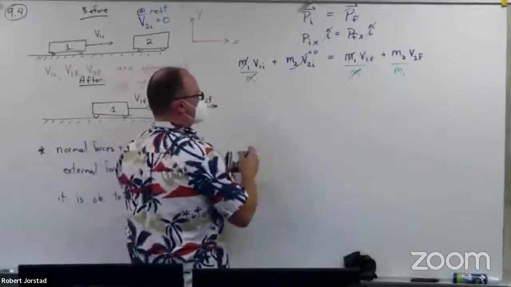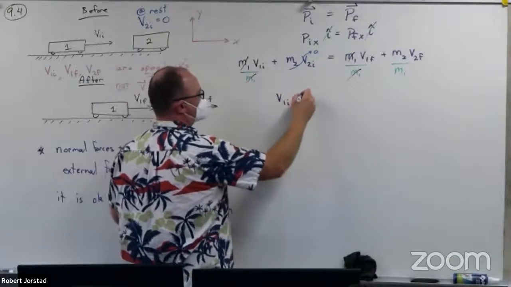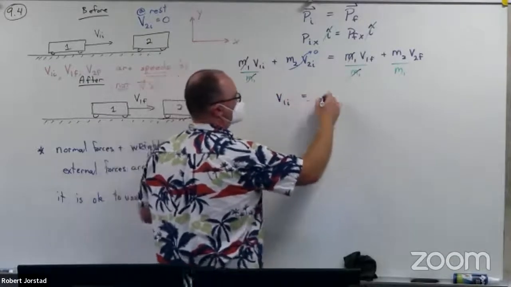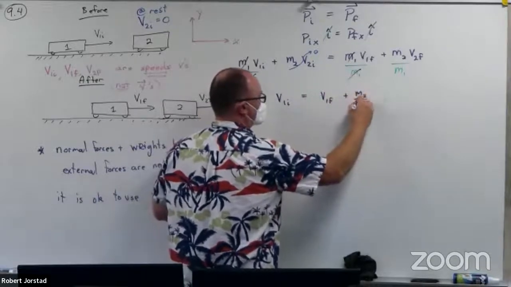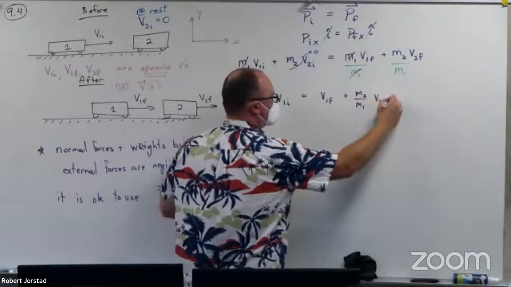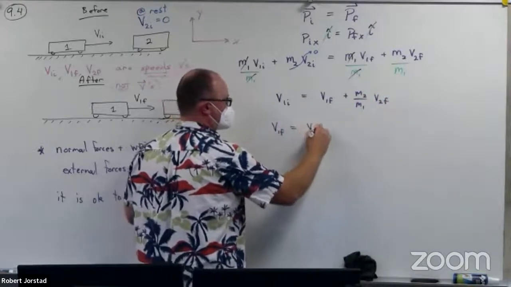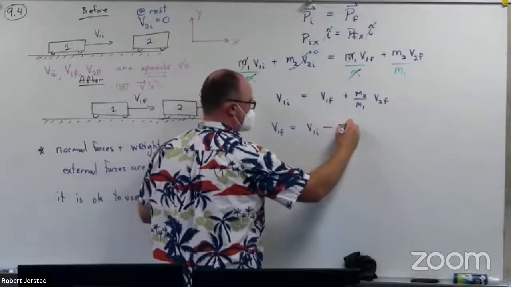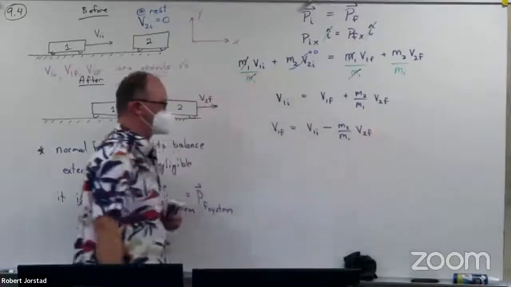So now, just rearranging that, what do I get? Well, I don't want to screw this up. So I get V1 final equals minus this other term. There's my speed.